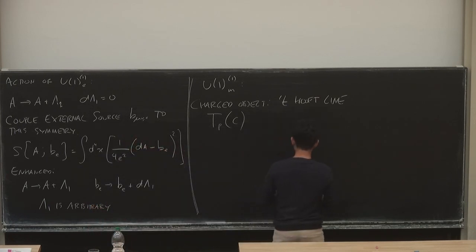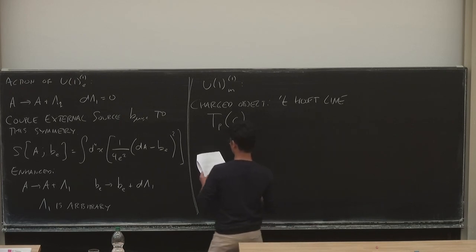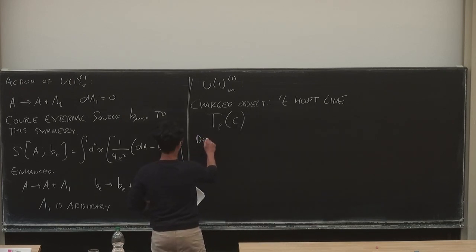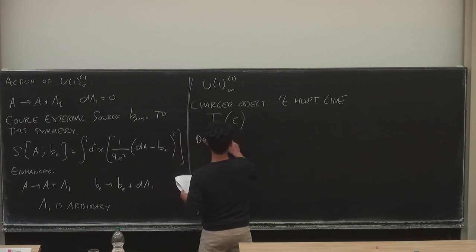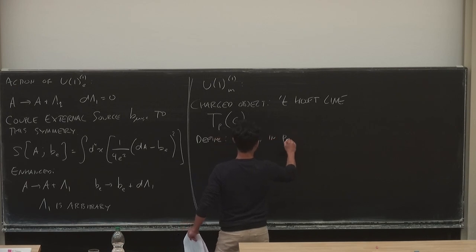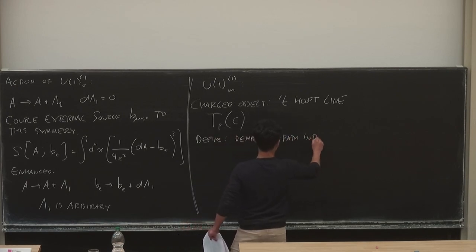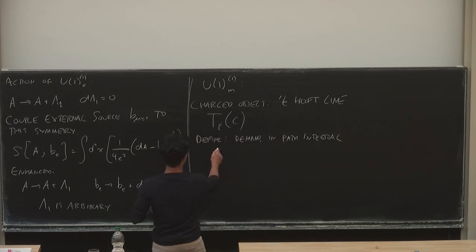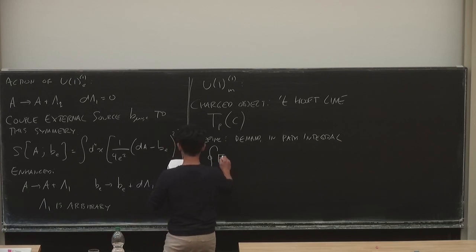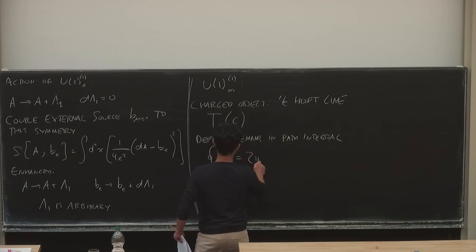Now, the definition of the 't Hooft line is the following. We demand that in the path integral, for every small S2 wrapping C, the integral of F is equal to 2 pi times p.